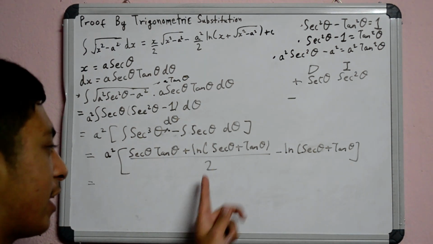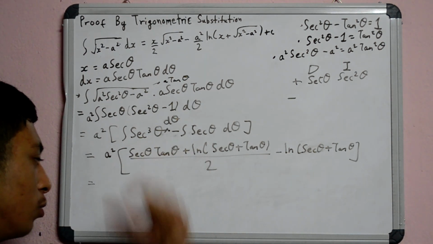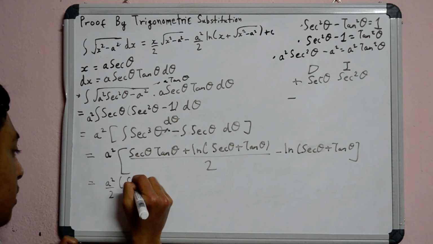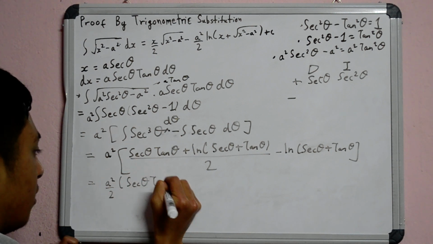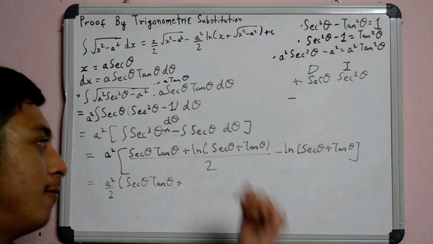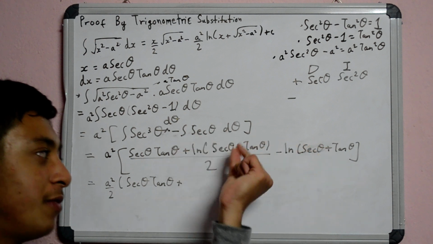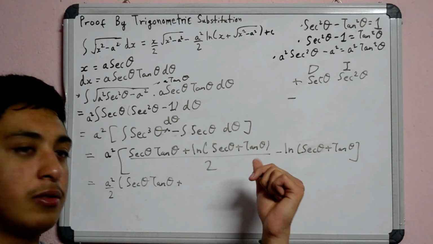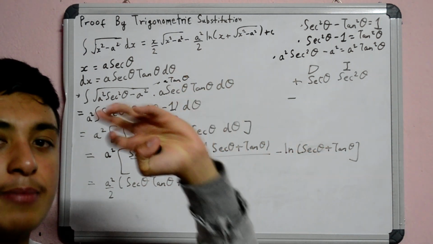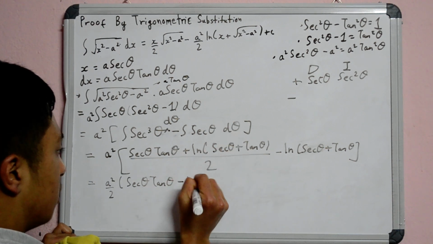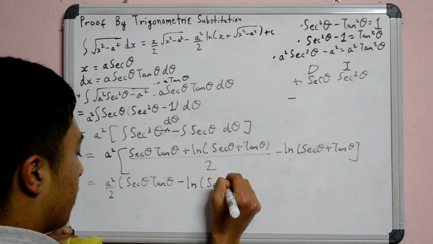So here we can take 2 common, put 2 over here, this goes outside. A square by 2 sec theta tan theta plus, you have this something right here, you have the same thing right here. So you have something minus 2 into something. So just 1 minus 2, which is minus 1, which is minus of that something, which in our case is log natural of sec theta plus tan theta.